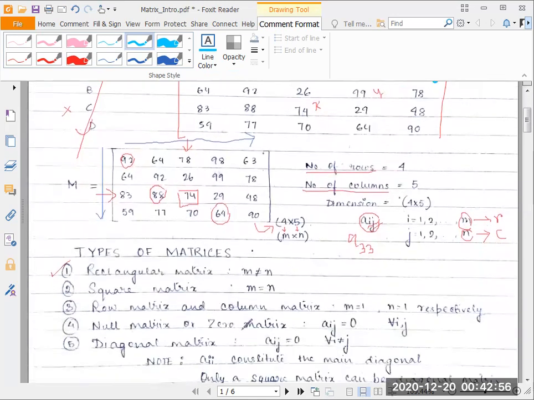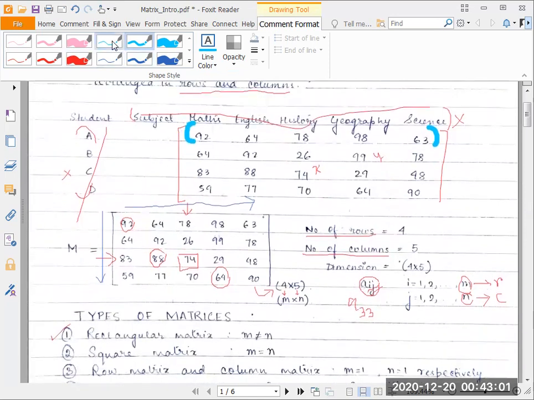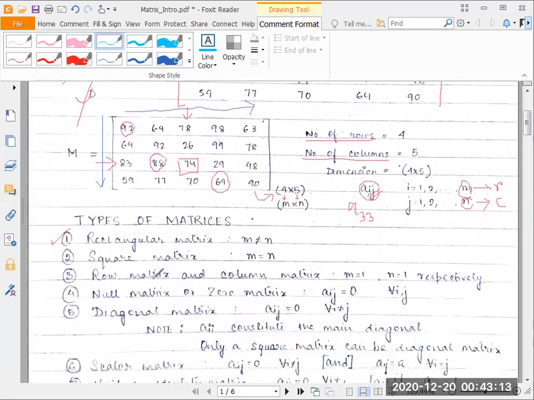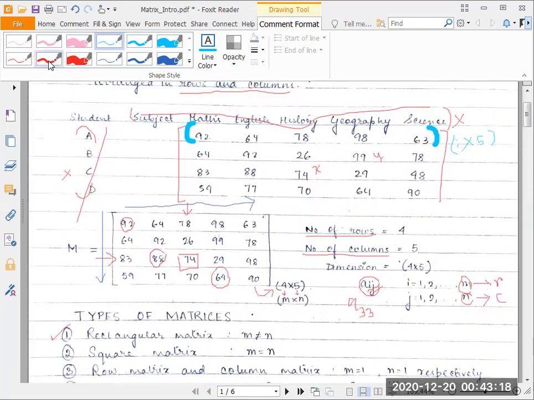So row matrix, it has m equal to 1. If we look here, the value of m will be 1 and the value of n will be 5. So this is a 1 cross 5 matrix, as in the dimension is 1 cross 5. So this is a row matrix. Now, if that is a row matrix, then what is a column matrix? Let's look at another example.